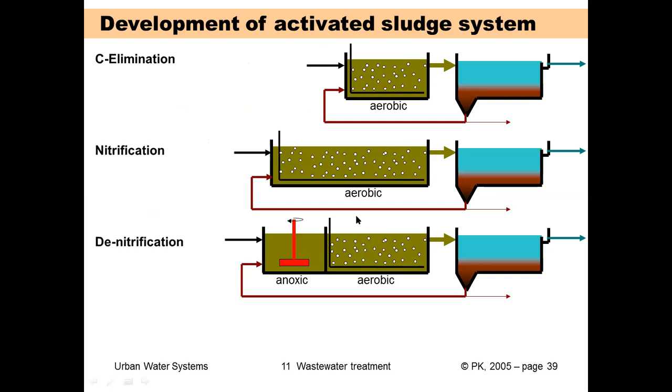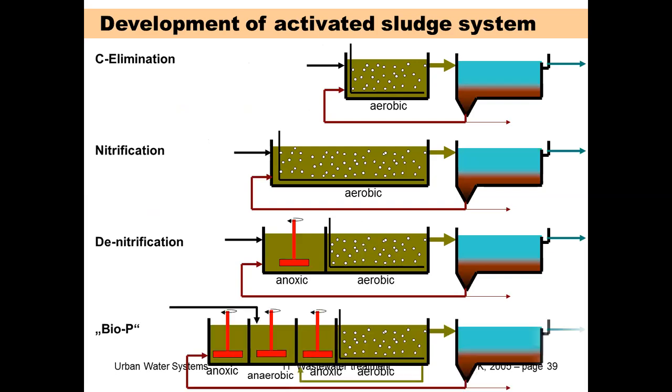I add these just for your information. Here you can see this is on the carbon elimination. Not only carbon elimination, but also nitrification, that means ammonia is converted into nitrate in the aerobic tank.